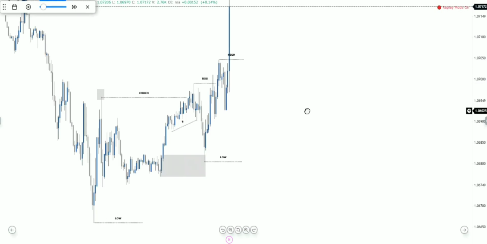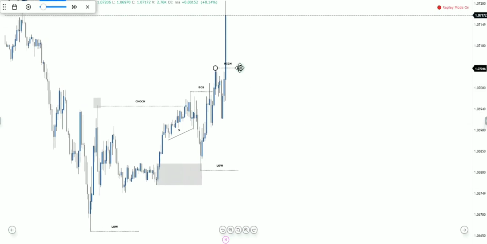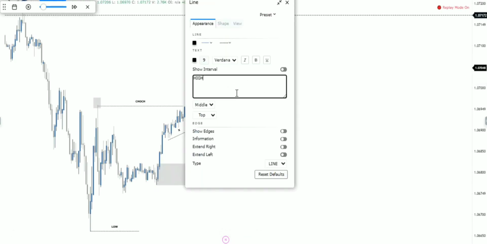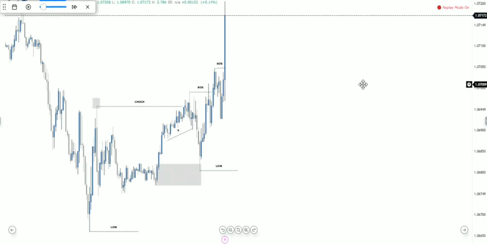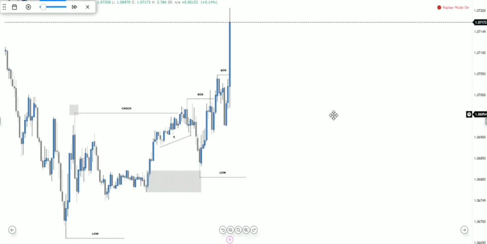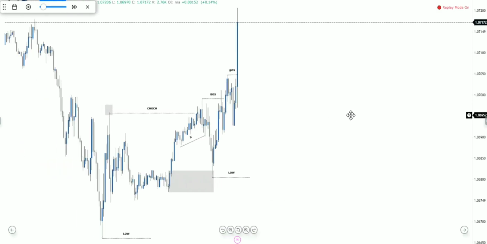So let's see. Okay, so there we have another break of structure to the upside. Let's mark out the break of structure. And then maybe move this over here.